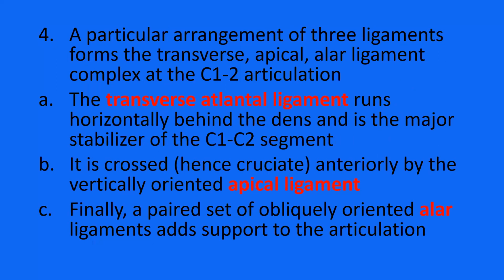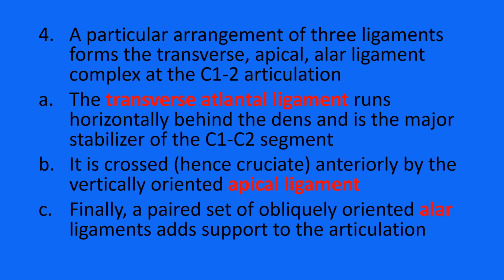A particular arrangement of 3 ligaments forms the transverse, the apical, the alar ligament complex of C1, C2 articulation. Between atlas and axis, we have a special connection which is done by 3 main ligaments: the transverse, the alar, and the apical ligament.